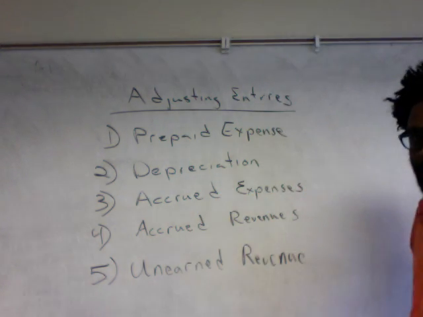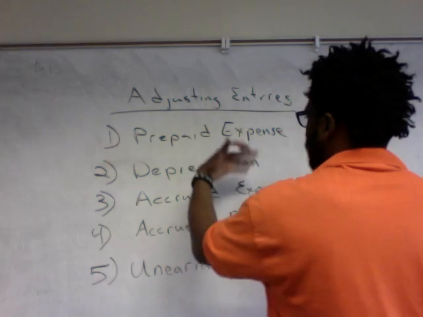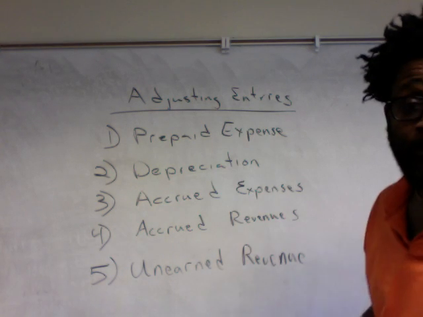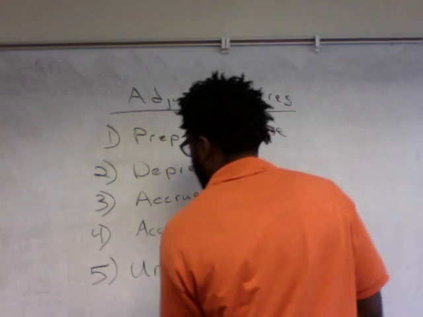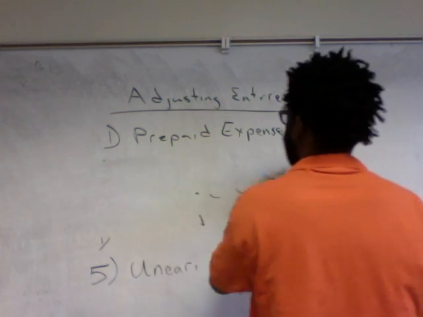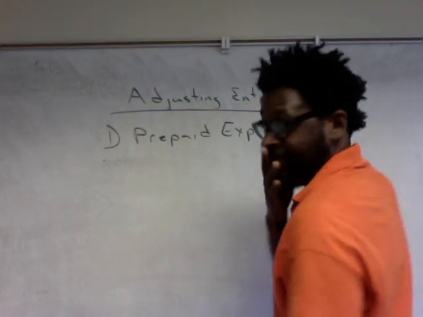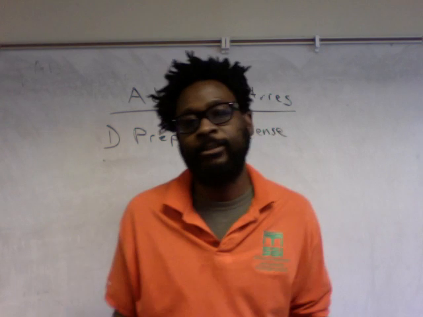And so basically what we're going to do is discuss how to properly account for these 5 particular entries, okay? The first one that we're going to talk about is obviously your prepaid expenses. Again, what I'd like for you guys to do is keep the titles in mind. The titles are everything.